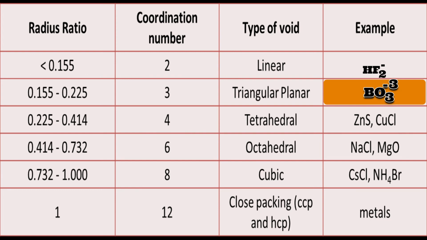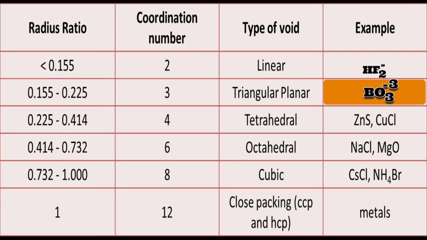Now let me take the triangular planar type of void. The example given is boron oxide, B2O3. What is the size of boron plus 3, which is the cation present? The size is 27 picometer. And the size of oxide ion, O minus 2, is 140 picometer.